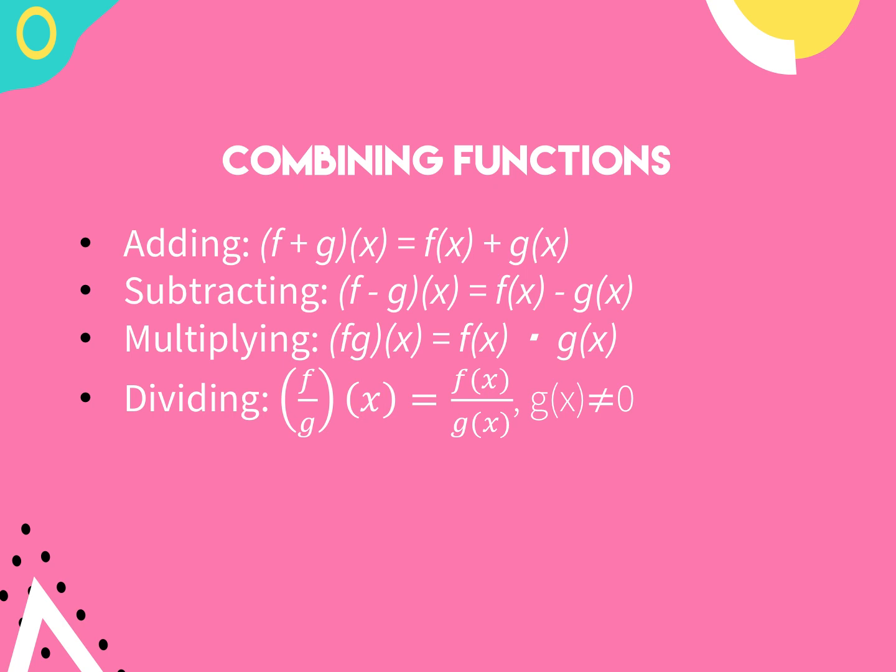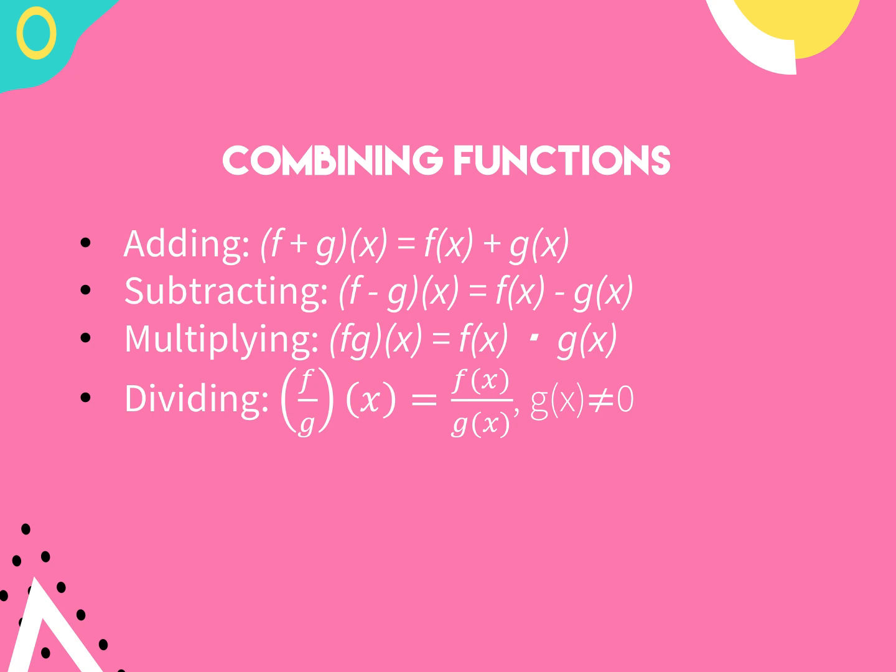So essentially when we add and subtract our functions, we're basically just combining like terms. However, when you're subtracting the two functions, you might want to do keep, change, flip and distribute the subtraction sign. When we're multiplying them, it depends on the functions.